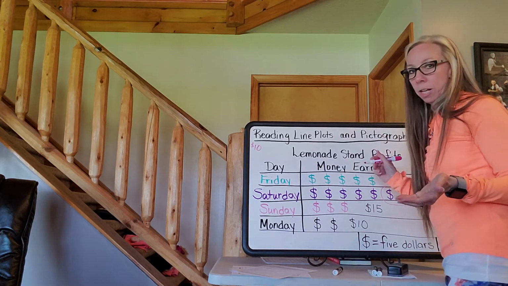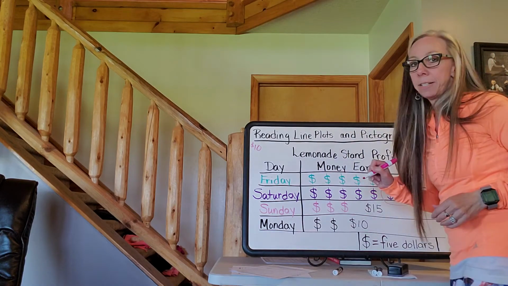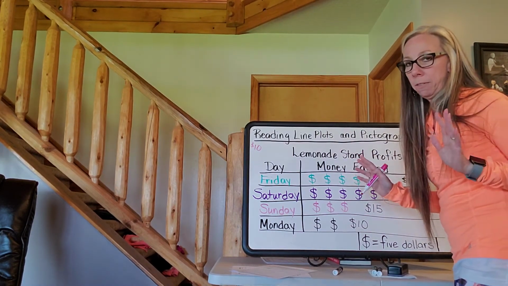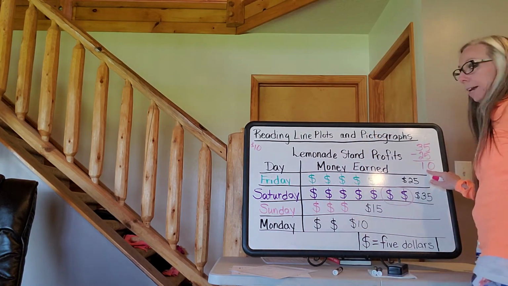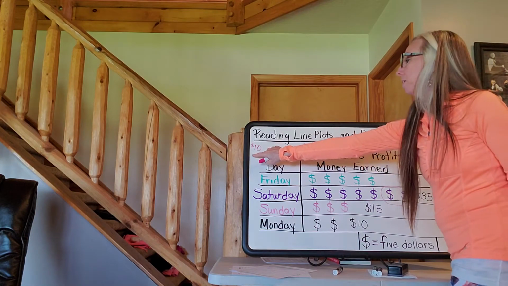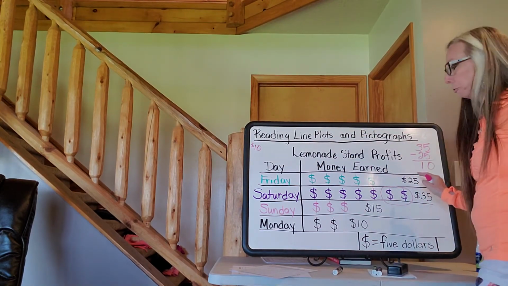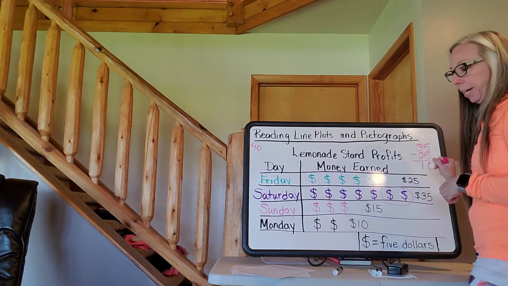Okay, 5 take away 5 is 0. 3 take away 2 is, those are number neighbors, so that answer would be 1. And we got 10. Did we get the same answer? Yes, we did. So we solved it two different ways. Here's our proof of what our answer would be.